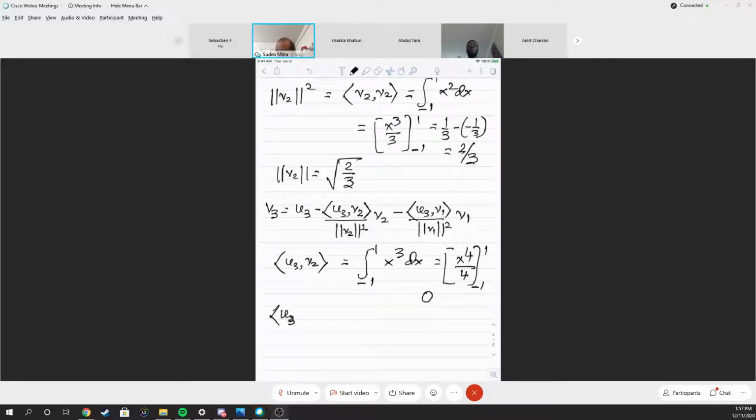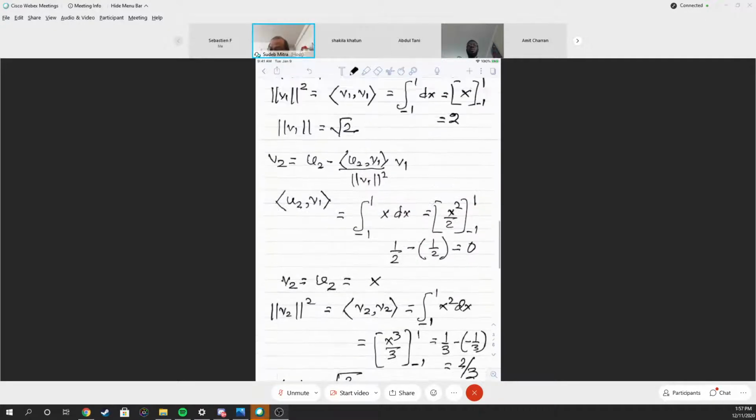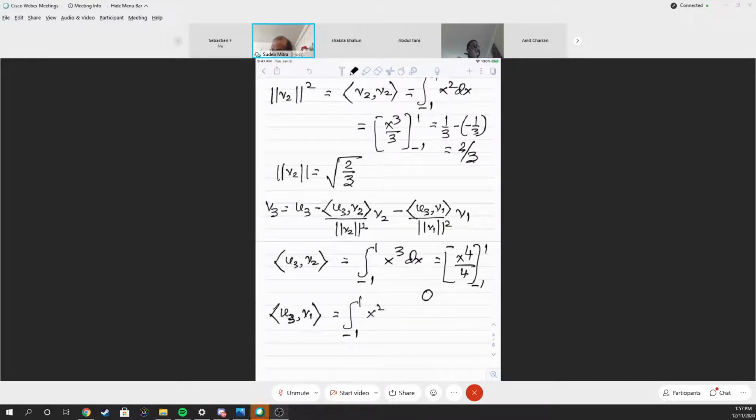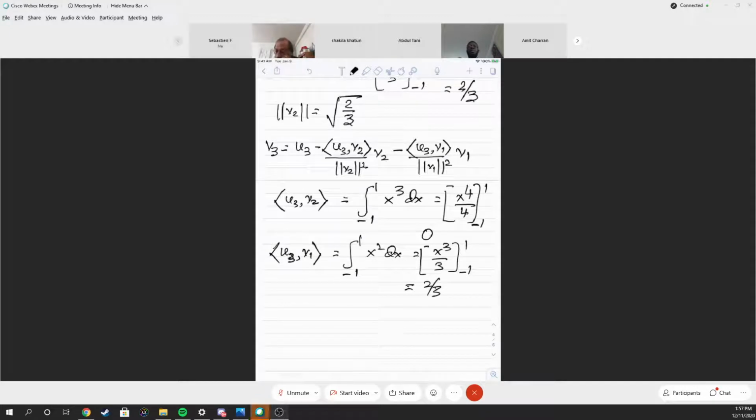u3 v1 is the integral from minus 1 to 1, u3 is x squared, v1 is 1. So that is x cubed upon 3, which is 2/3. So what is v3? u3 is x squared.